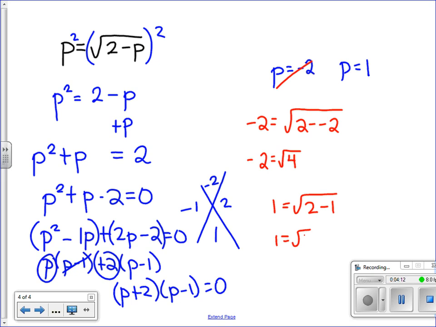Does 1 equal the square root of 1? Yes, it does. That is your one solution. When you take the square root, you are just looking for the principal square root, which is the positive one. Unless it specifically tells you, but none of these are going to tell you that you want plus or minus. They're all just going to be the principal root.